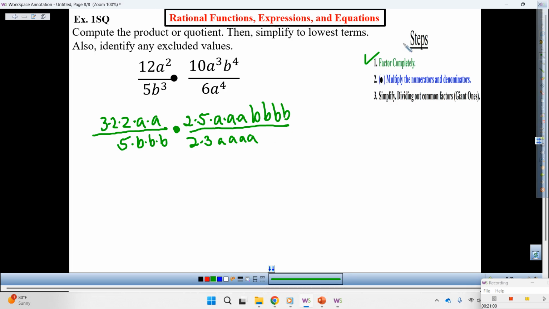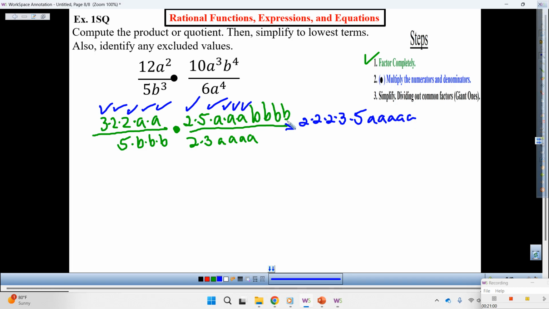Step 1, done. Step 2, multiply. That means I multiply all the numerators. Start with the 2's. 1, 2, 3. So I write 2 times 2 times 2. Then I write the 3. Then I write the 5. Next, how many A's? 1, 2, 3, 4, 5.